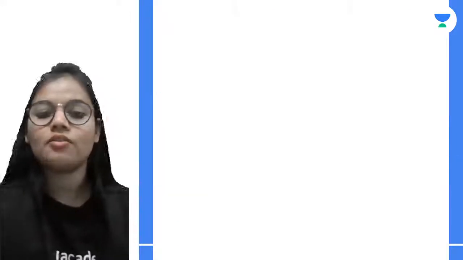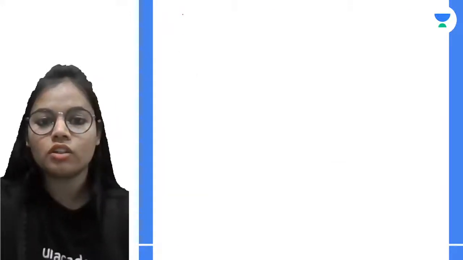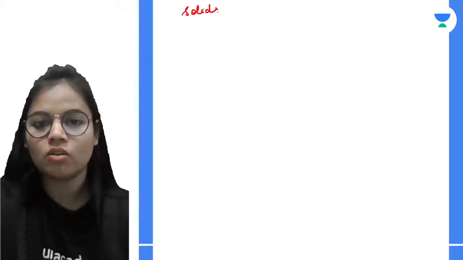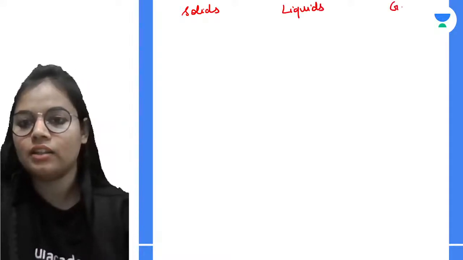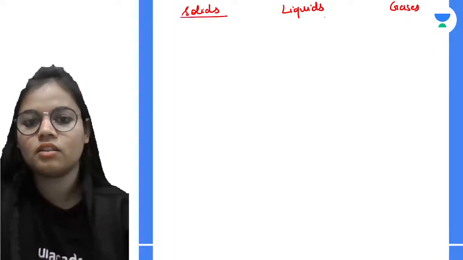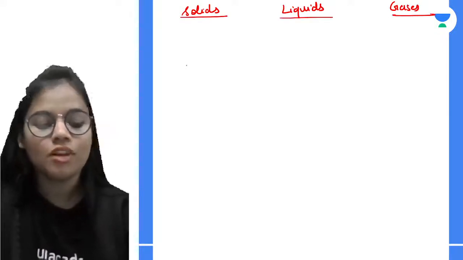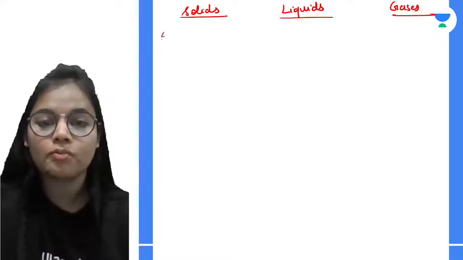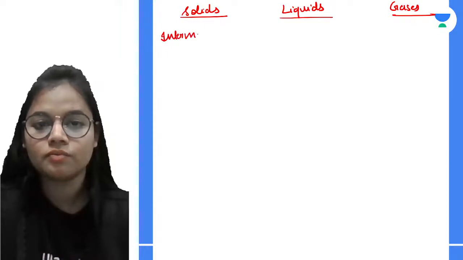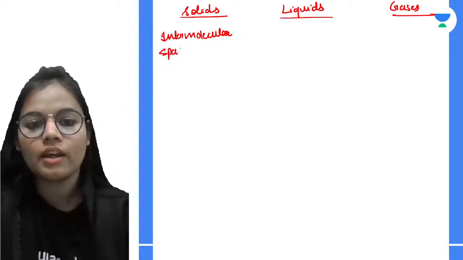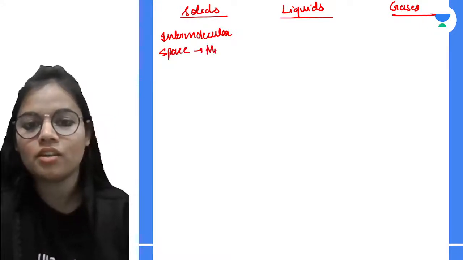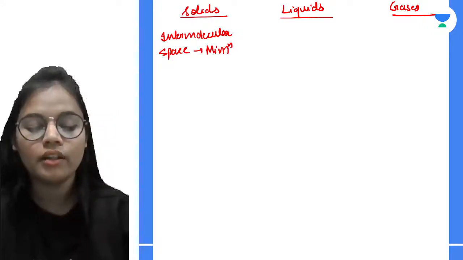Okay, next if I talk about the intermolecular space, I'll just write the heading: solids, liquids and gases. If I talk about the intermolecular space, it is minimum in the case of solids.